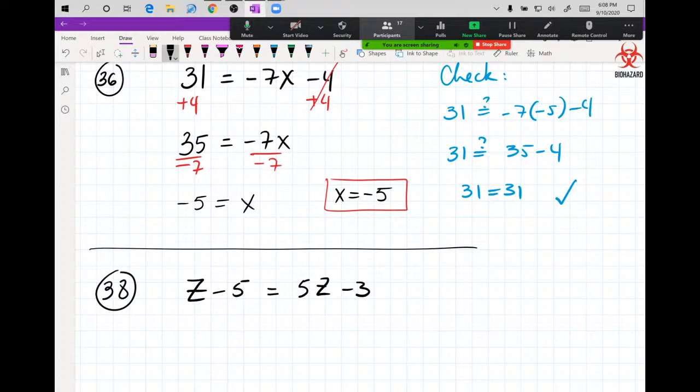Does anyone remember what I said about, I don't know, 0.5 minutes ago, regarding having multiple x's? What should we do? We don't solve them separately. It's one equation. They're connected with the equal sign, so we have to keep them together.